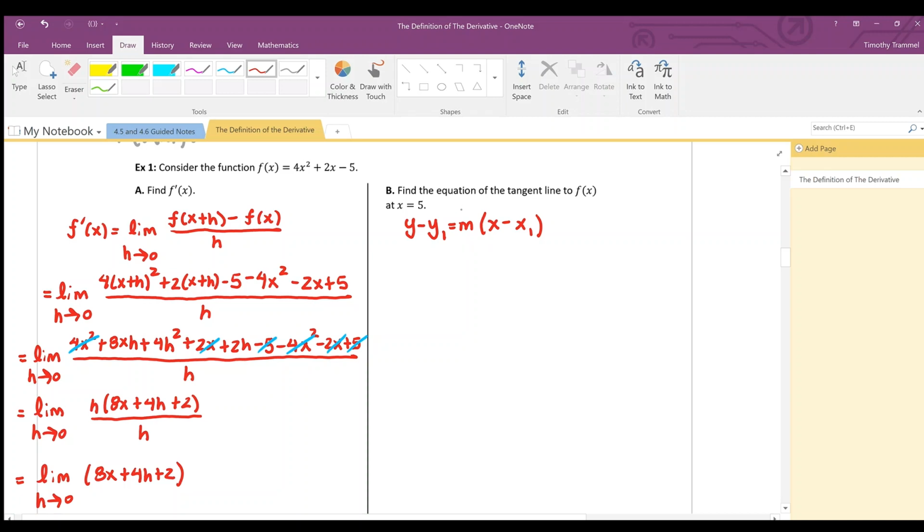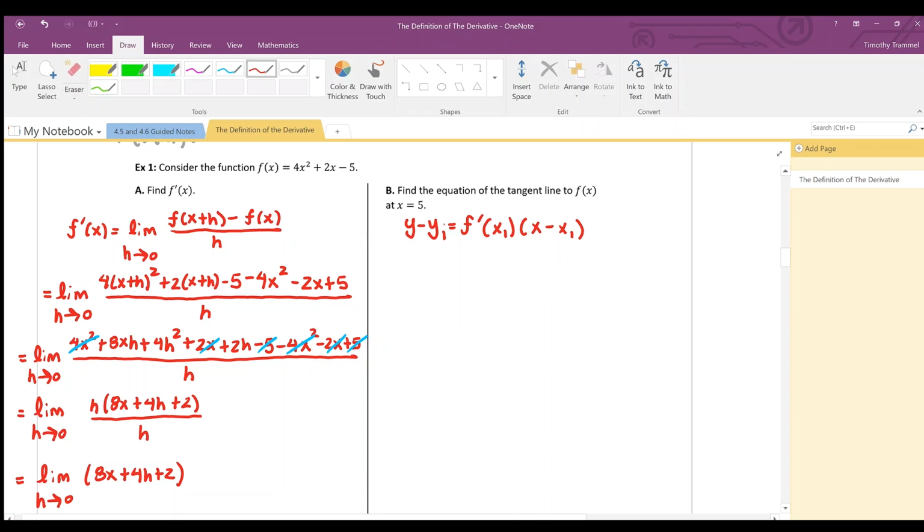Now, this m, our slope, we now know to just be the derivative at that point. This is in place of m now.